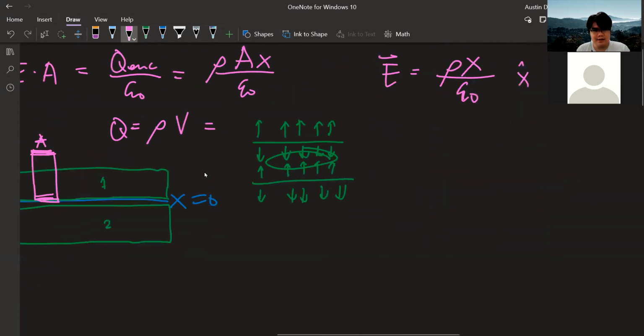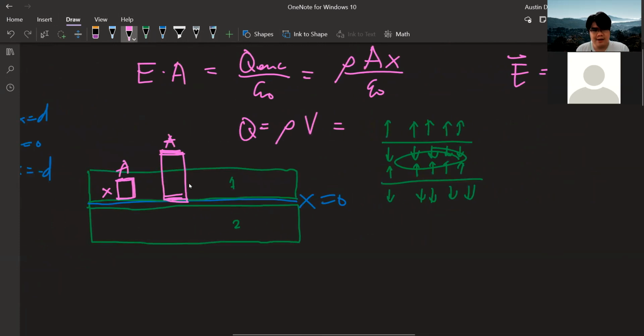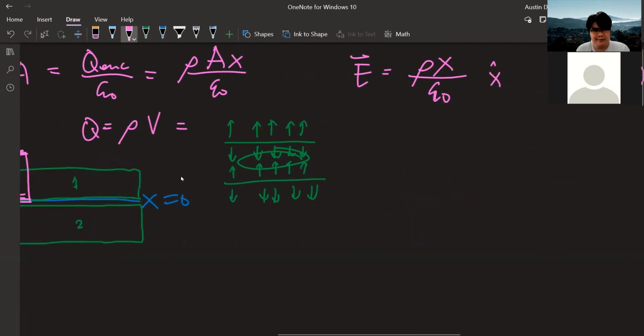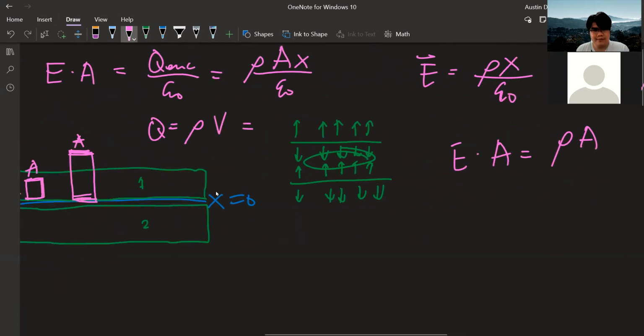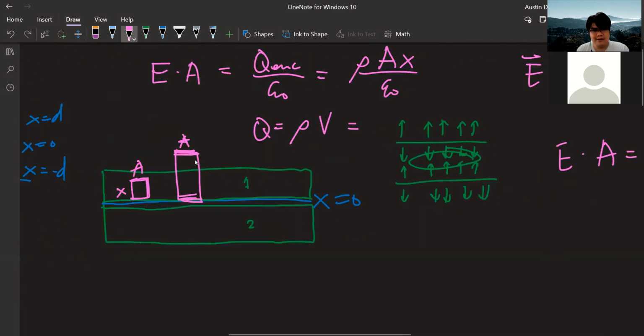Okay? So, kapag itong second case naman na ginawa ko, that the Gaussian surface is larger than the slab, then, by Gauss's law, EA, rho A. Okay? So, we're above the x is equal to d line.